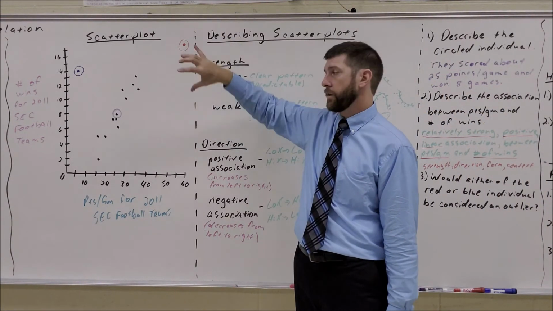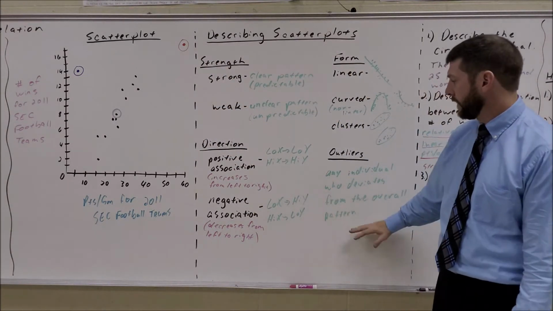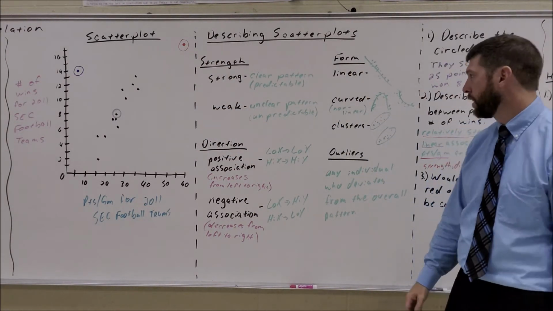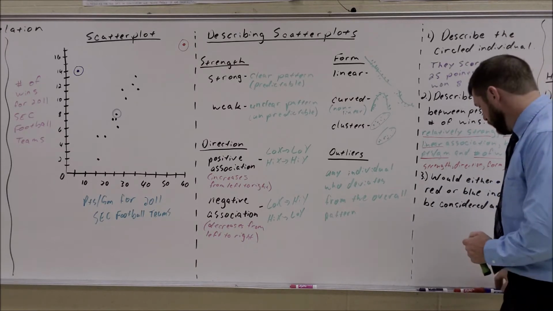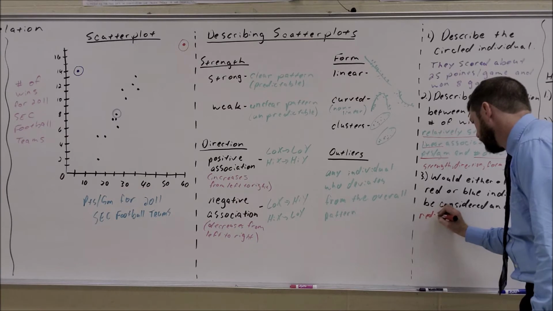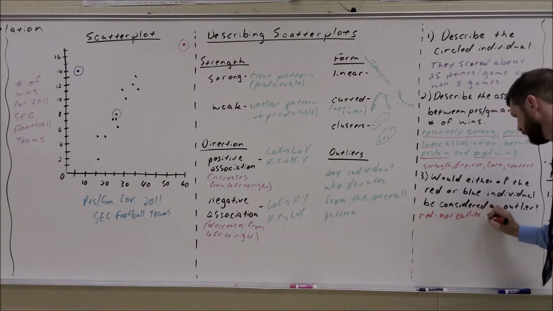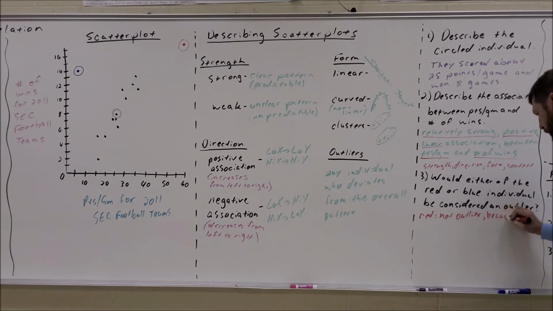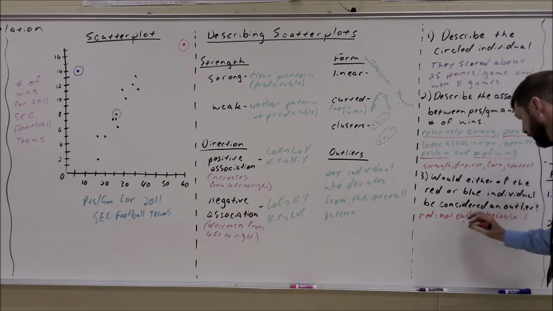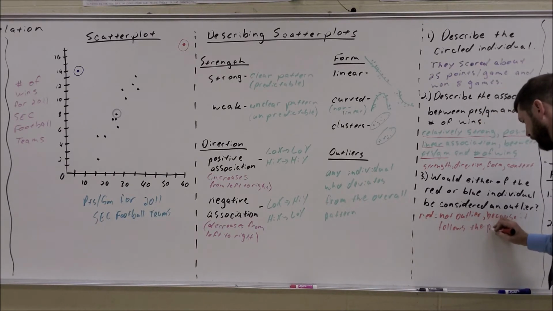They're way out there. They're very different from the rest of the group, but they're not an outlier per se. They don't deviate from the overall pattern. So the red dot is not an outlier, because it follows the pattern of the data set.